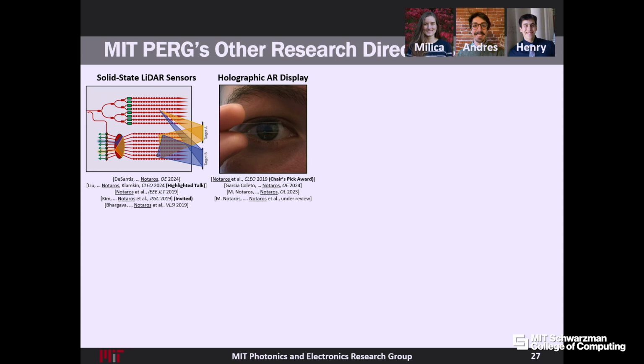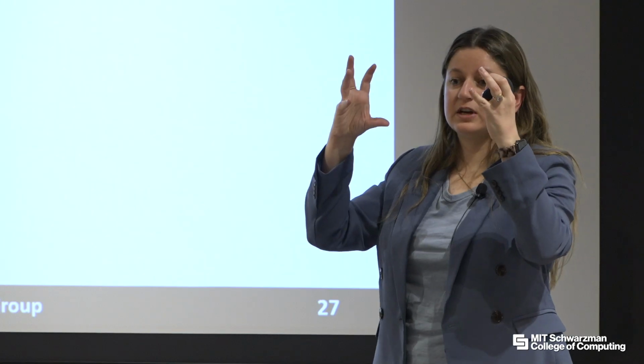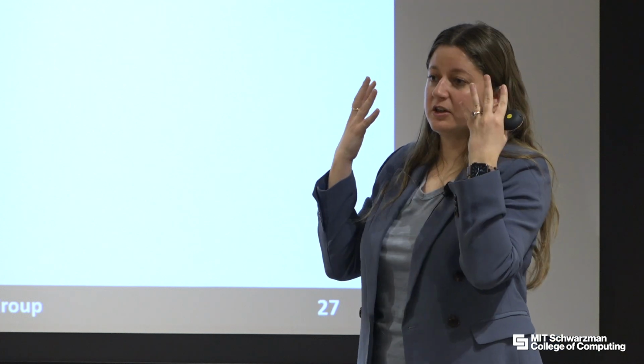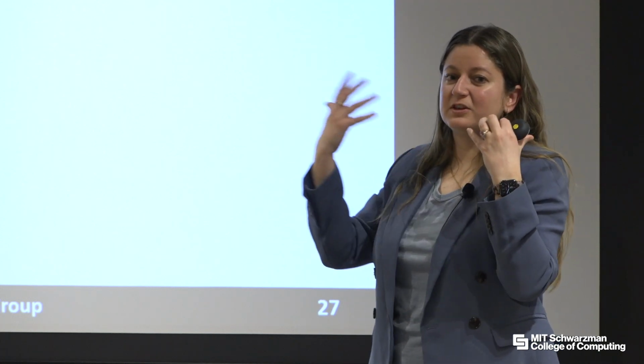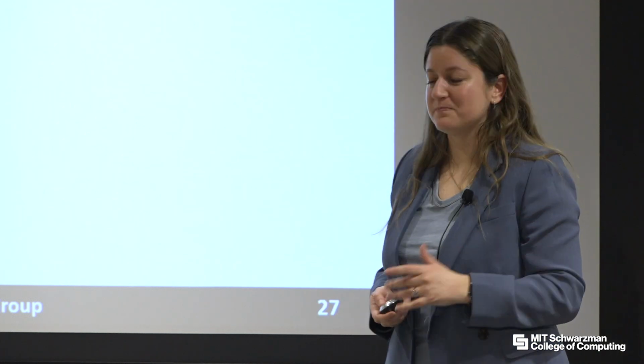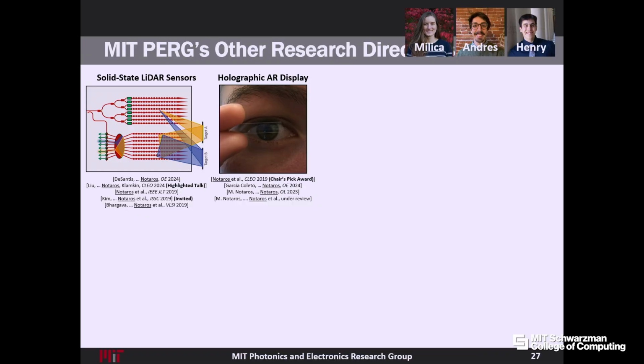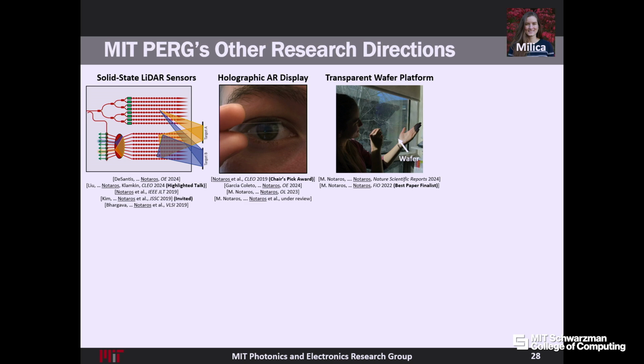Another area where silicon photonics can have a huge impact is in displays. So here, Milica, with the help of Andres and Henry, is creating a chip that is actually transparent and can sit in front of your eye. And it has all these integrated photonic components that emit light off the chip and actually project 3D holographic images for the user to see for augmented reality. To enable this, we need to think about how we can create these chips that can actually sit in front of the eye.